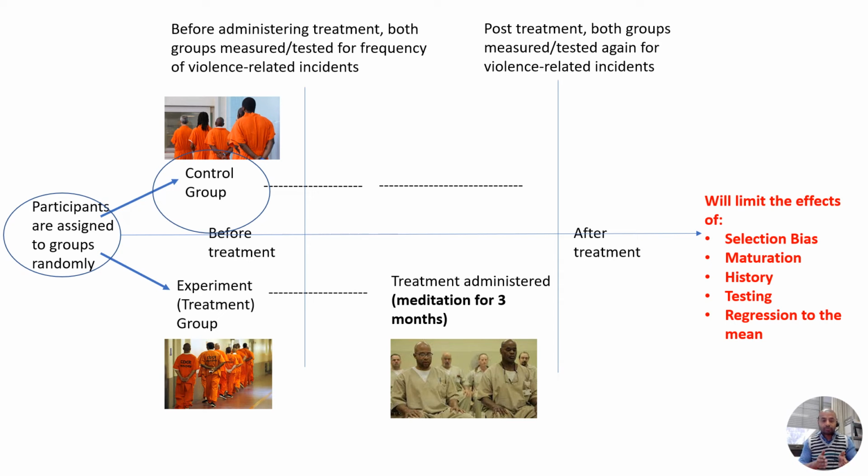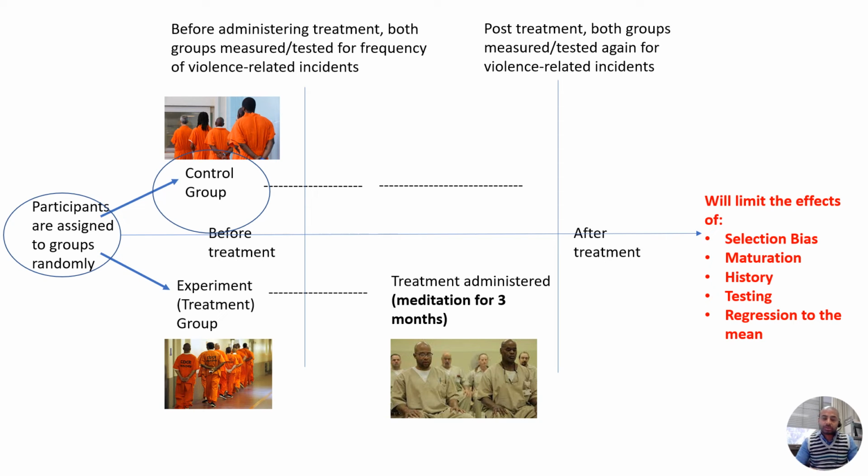Like I said, if you finish the meditation treatment after 3 months, you should try and collect the data immediately from both the groups. Otherwise, some individuals may say that we are seeking treatment. They may also say that we are seeking counseling, we are doing yoga, there are other people who've had an influence on the reduction of violence-related incidents, and this is not purely because of the meditation. You get the idea.